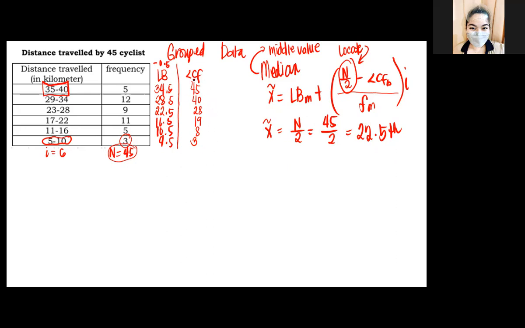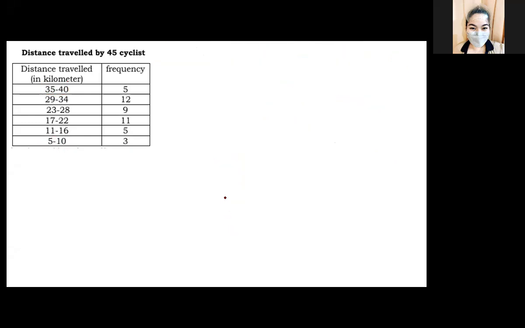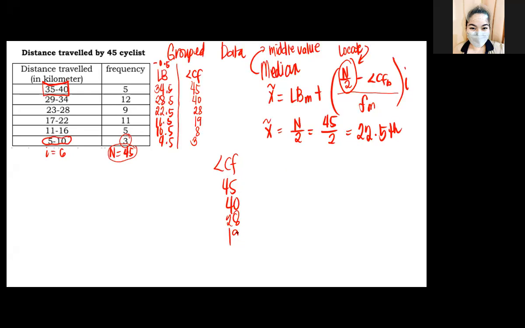Titingnan natin yung CF. Kasi yung CF po na yan, may ibig sabihin yan. Hindi lang siya basta nag-add ka or nag-subtract ka. Ang ibig sabihin po kasi niyan, has something to do with the position of the data. Itong 3 na to represents the first up to the third term. Okay? Si 8 naman represents the fourth term up to 8.